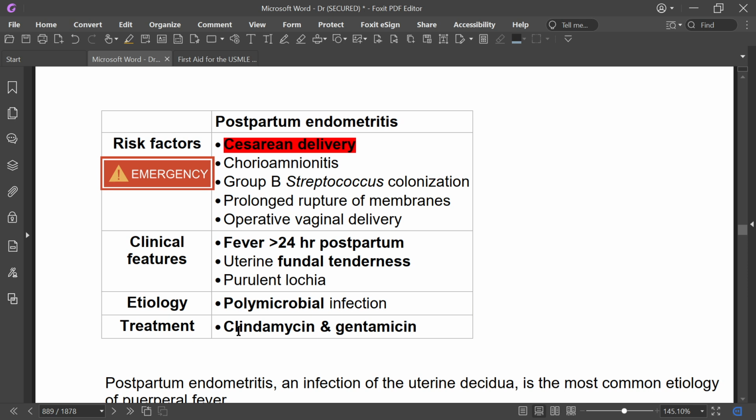Presentation includes fever for more than 24 hours postpartum, uterine fundal tenderness, and purulent lochia.